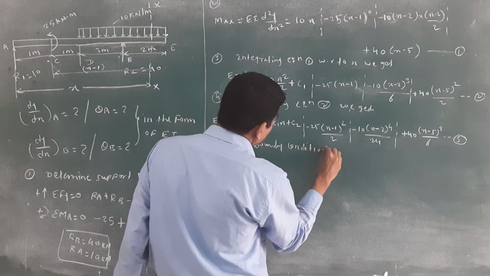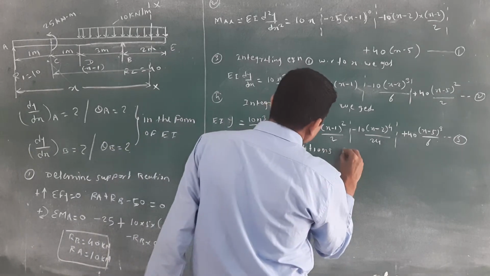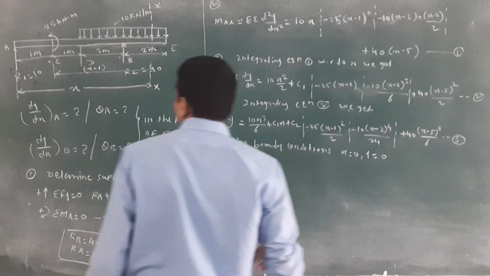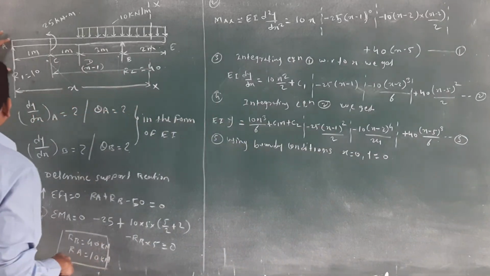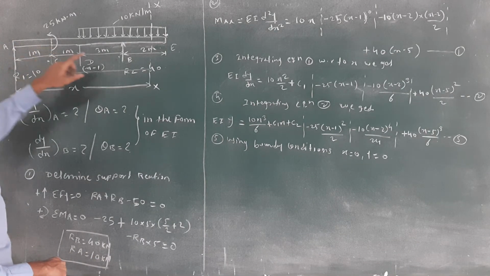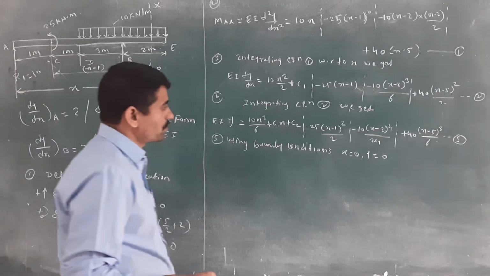We have seen the boundary conditions in the first lecture. The first: x is equal to 0, then y is equal to 0. If you take x equal to 0, what is the deflection at the end of the beam? We will also get 0 at the support.